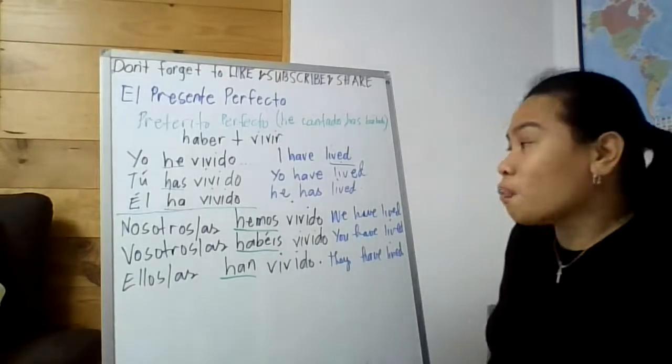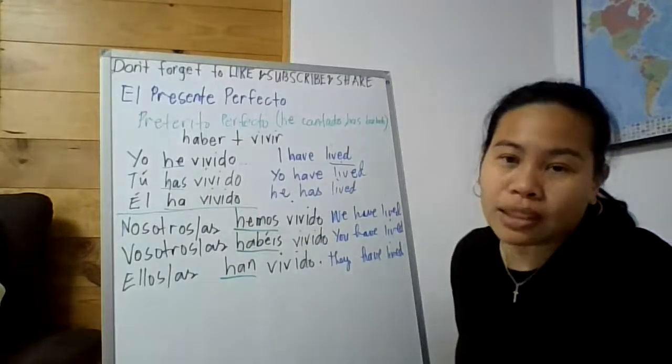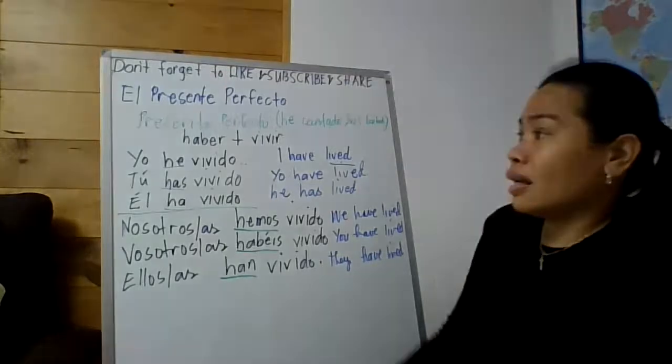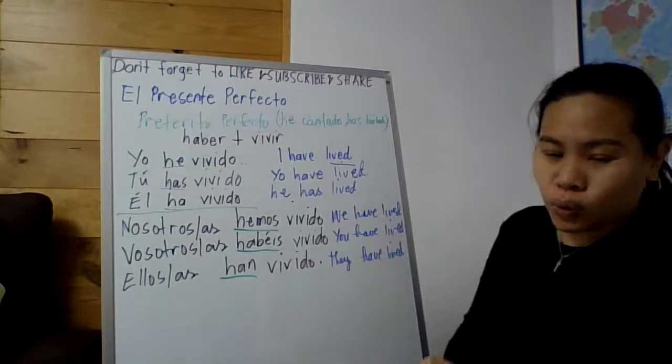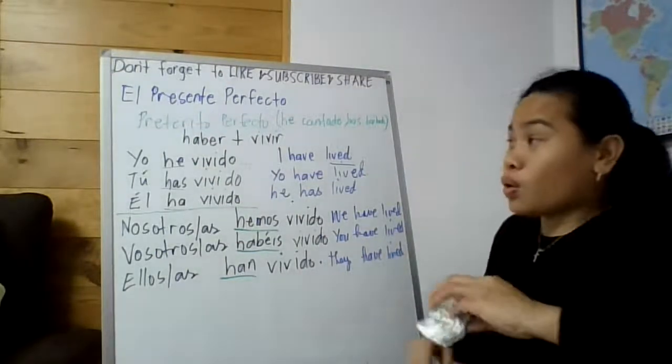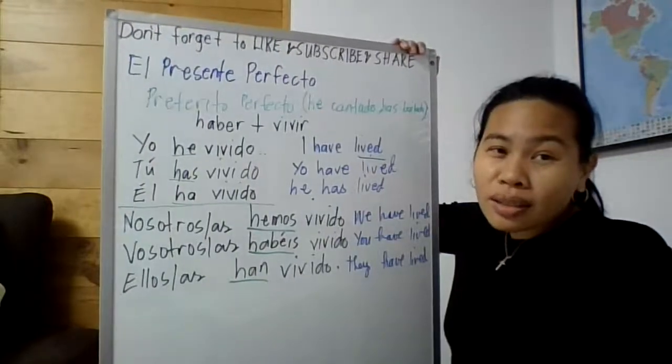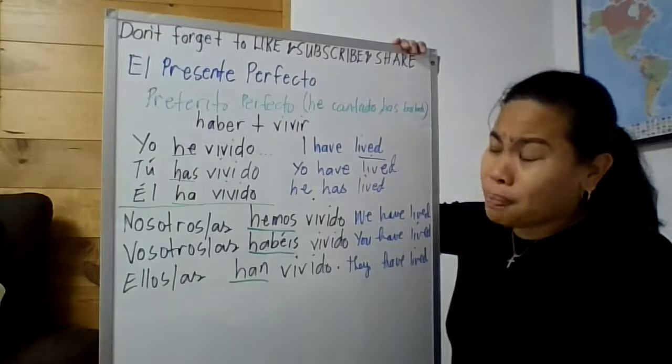Bought. I have bought the omelette, tortilla. Okay? El preterito perfecto. So, ayan po siya. Question? Ayan lang kadali yung pattern niya.